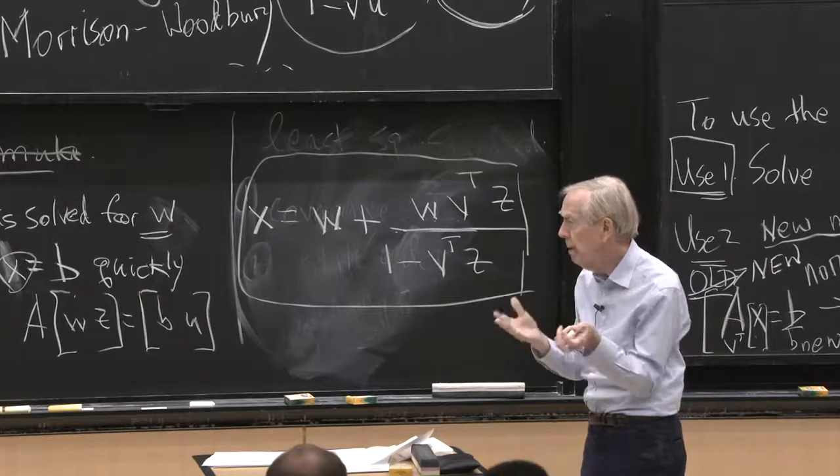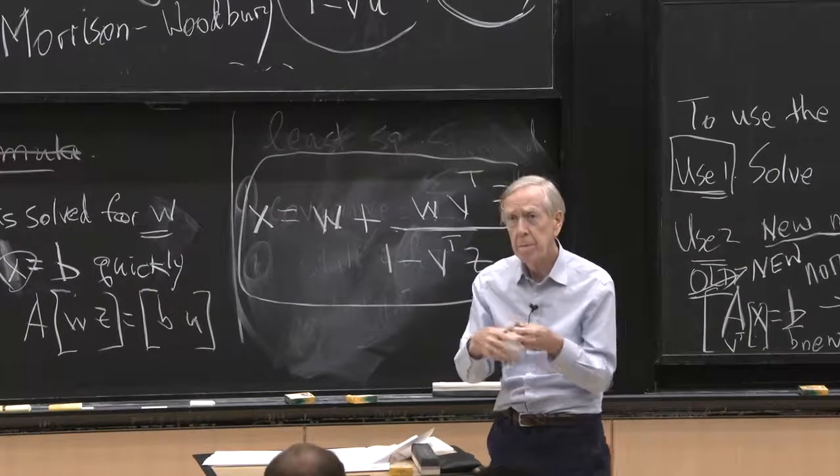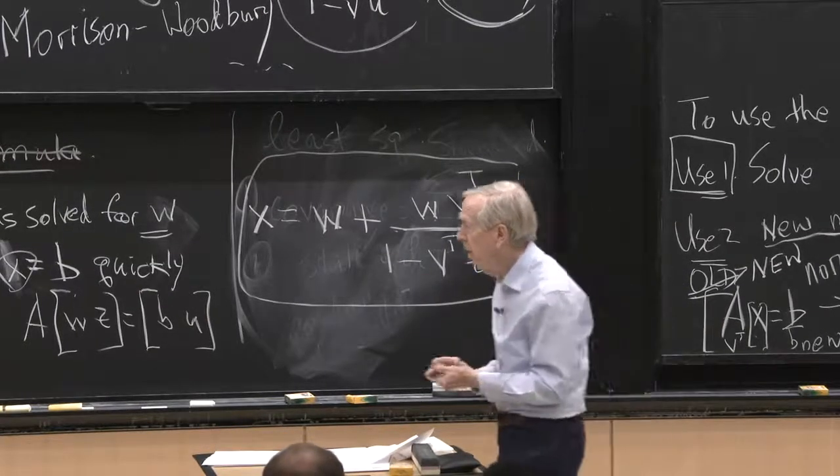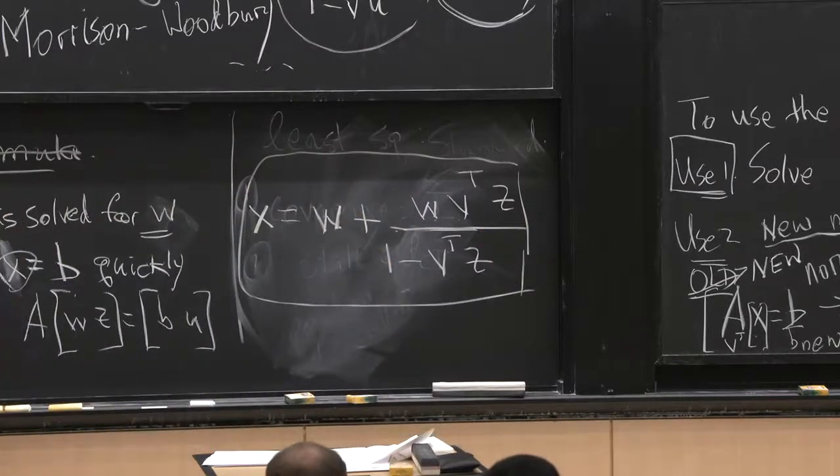So maybe what I've done is what my goal was for today. First, to show you the formula for the inverse. Second, to recognize that it has an interesting importance, that a rank k change in the matrix brings a rank k change in the inverse.